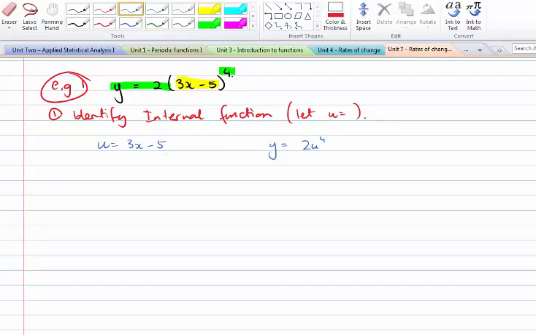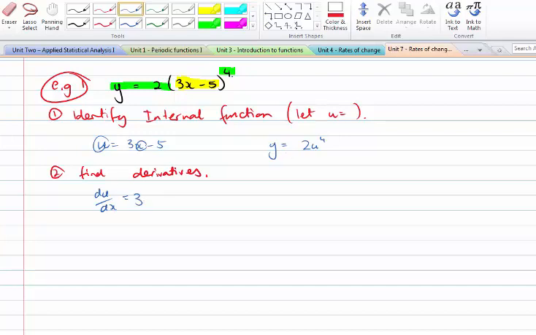Okay. So the next step is that we want to find the derivative of each of those functions. Now because this is u with respect to x, then it's going to be du/dx. So u with the variable x, du/dx, and the derivative of that will be 3 and 0, so just 3.